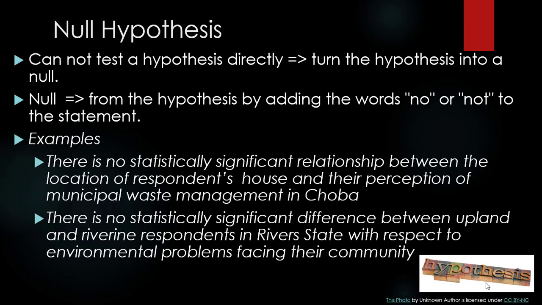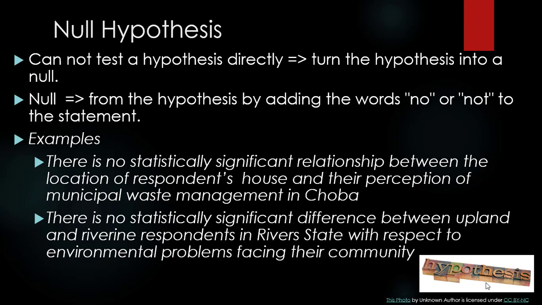So we don't start with there is. We start with there is no. So we must look for statistical evidence to tell us that there is. So remember, scientific inquiry starts with the null hypothesis.